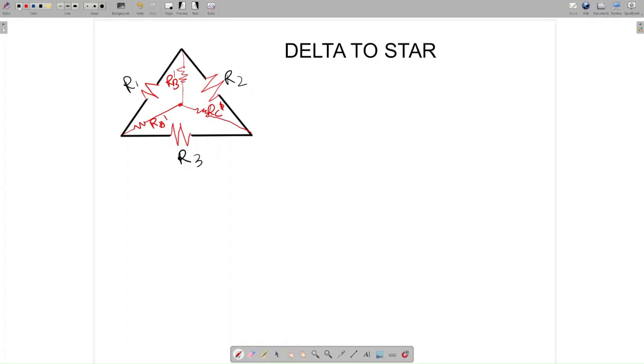So the equivalent RA dash resistance will be the product of the adjacent resistances. Here it is R1 and R3. So RA dash will be the product of the adjacent resistances divided by the equivalent resistance of the series combination.